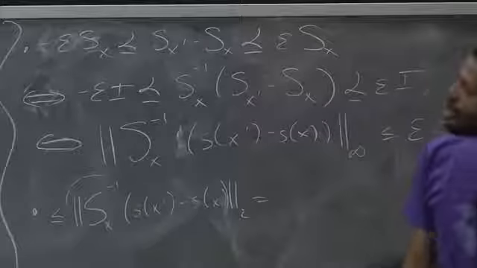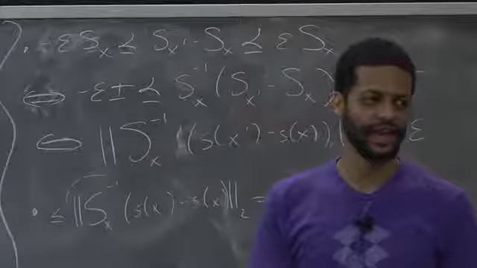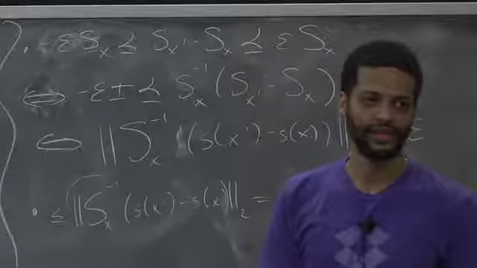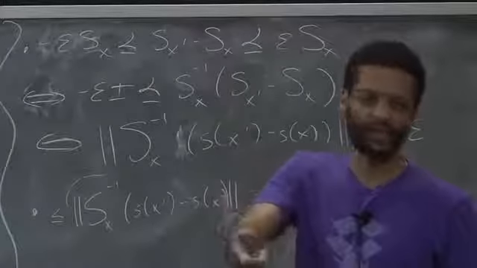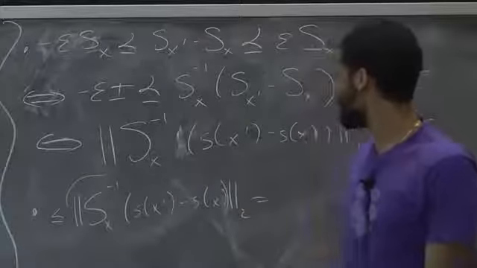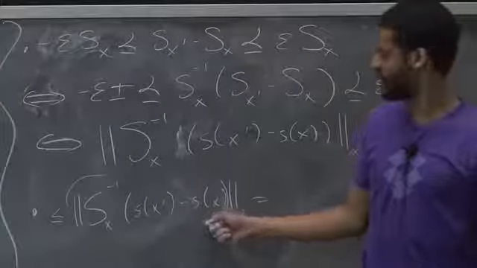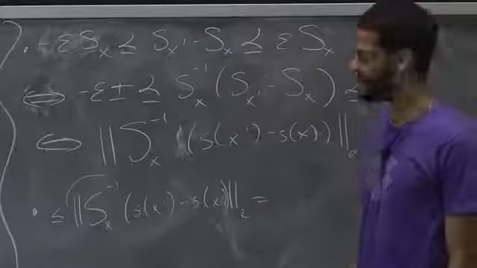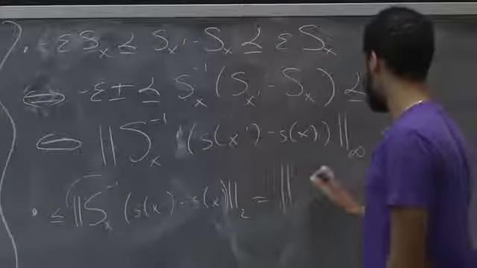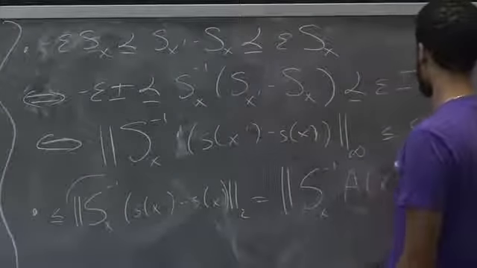Remember in our original LP, we're trying to minimize c transpose x subject to Ax at least b. So the slack is how far away each constraint is from b_i. The slack vector is just Ax minus b. So the b's cancel here, and this is equal to S_x inverse A times (x prime minus x).